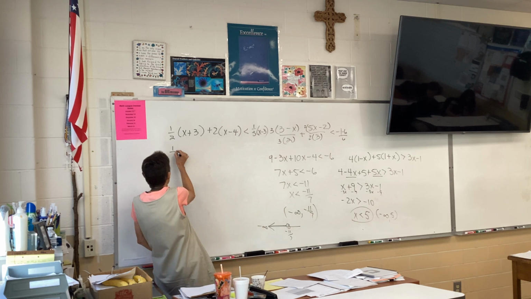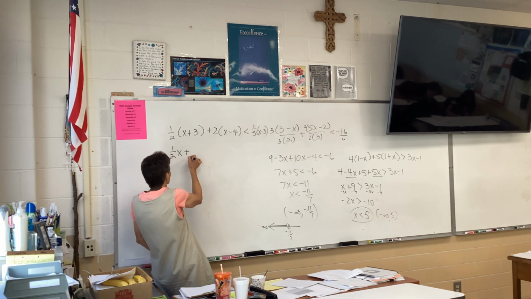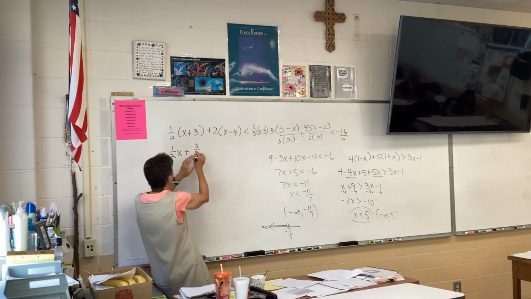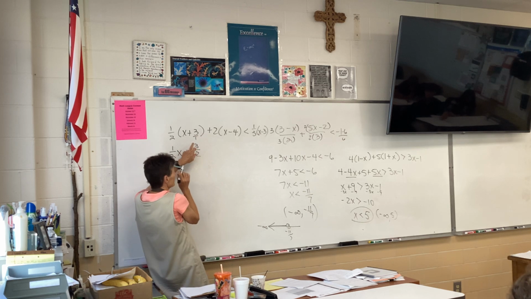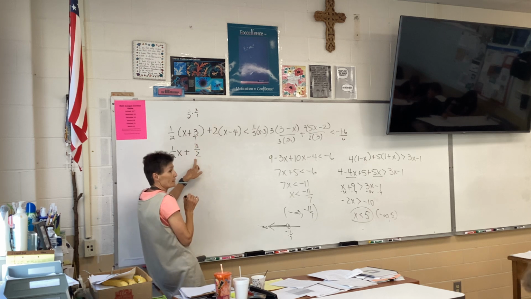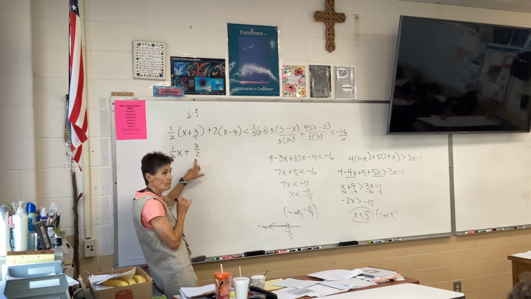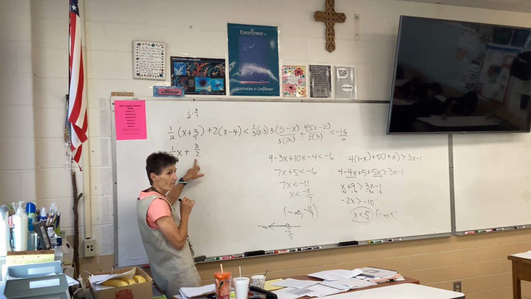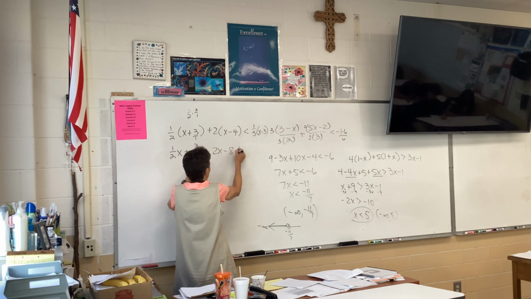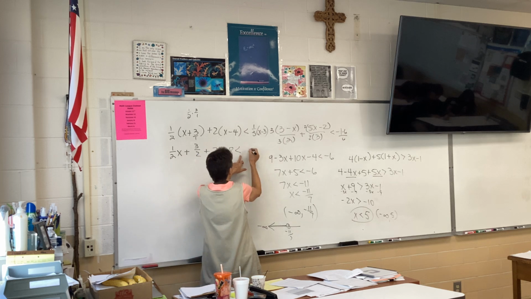So I'm going to have 1/2 x plus 3/2. Now you guys remember, this is 3 over 1. So when you multiply 1/2 times 3 over 1, see how you get 3 over 2? And the same thing's going to happen here. This is going to be 1/3 x.